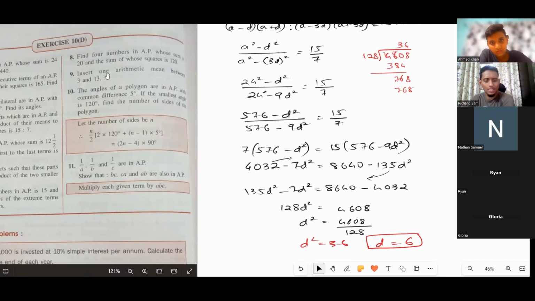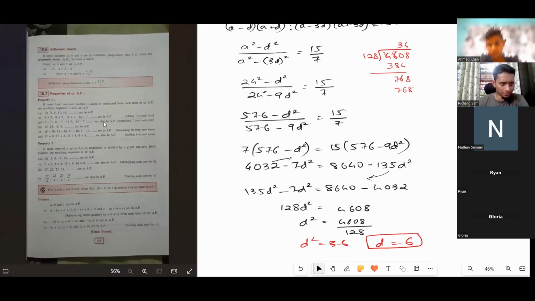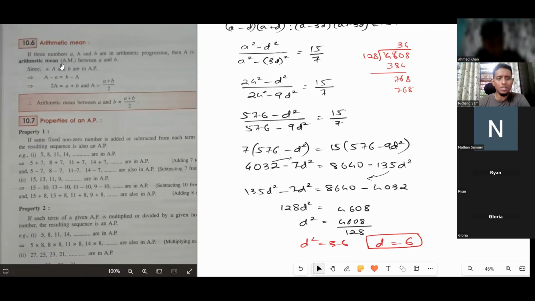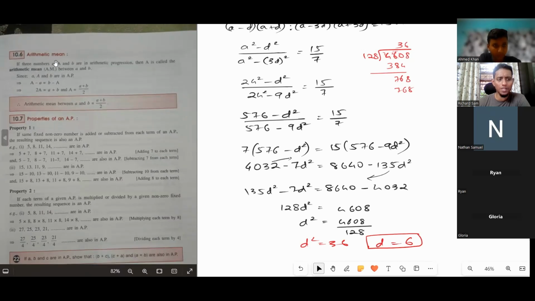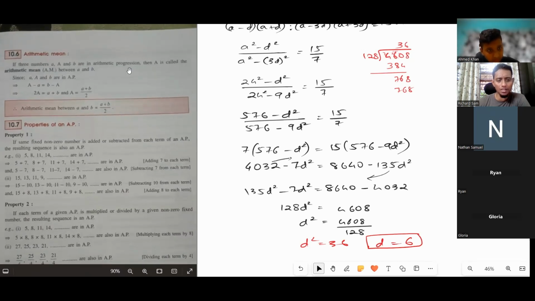And insert one arithmetic mean between 3 and 13. Okay, what is that? What does arithmetic mean? If three numbers A, capital A and B are in arithmetic progression, then capital A is called the arithmetic mean between A and B. So if three numbers are in progression, the middle number is called the arithmetic mean.